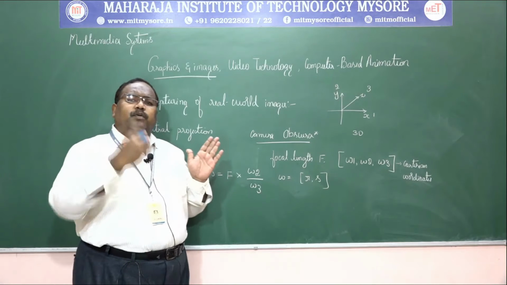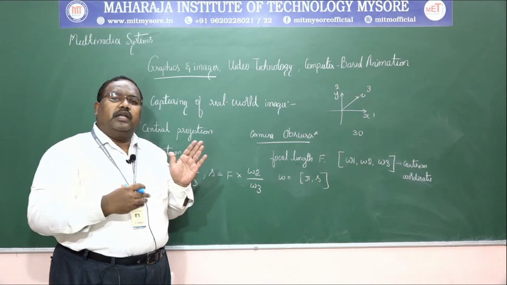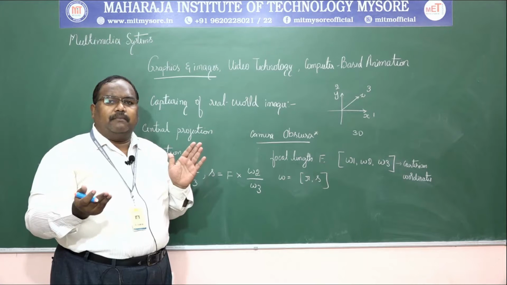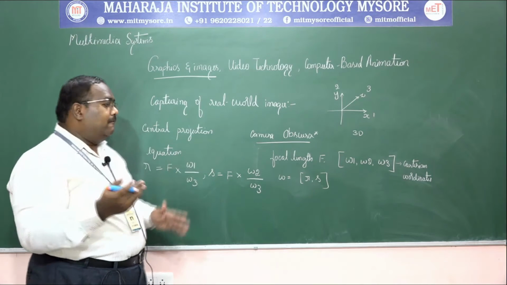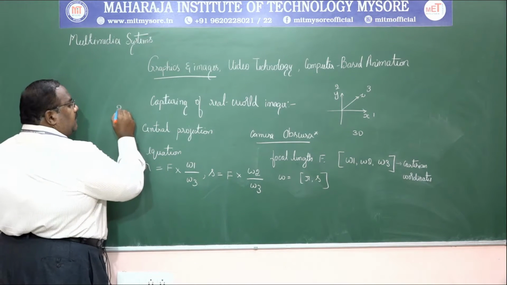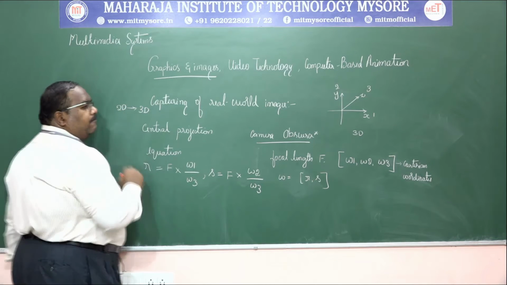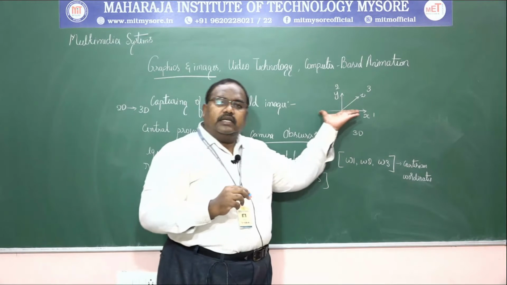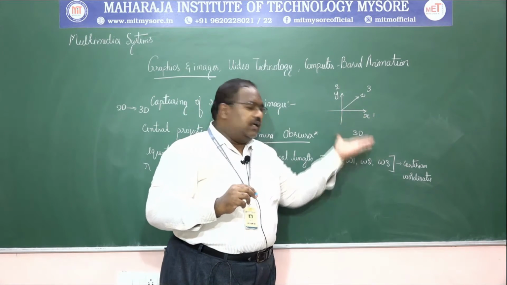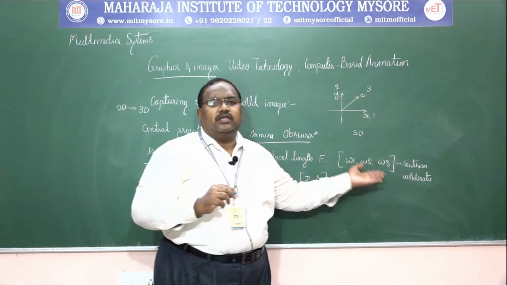When we want to do this projection, we need to do it in a real time parameter. So when you do it real time, the 2D has to be projected in the 3 dimension. That's why we consider the third coordination vector with respect to the Cartesian coordinate.